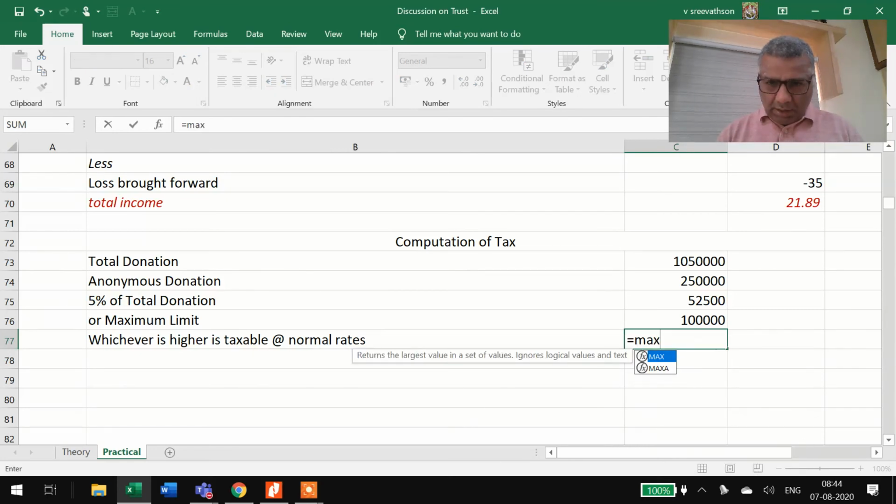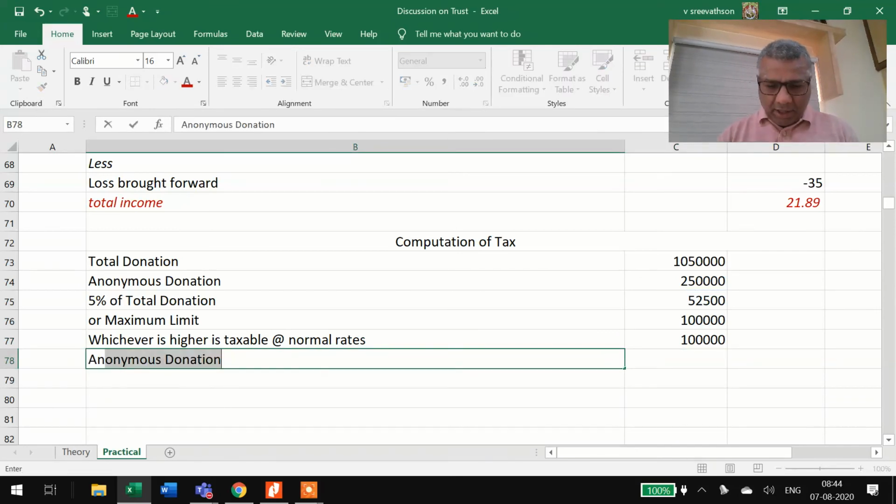So whichever is higher amongst these two is taxable at normal rates.